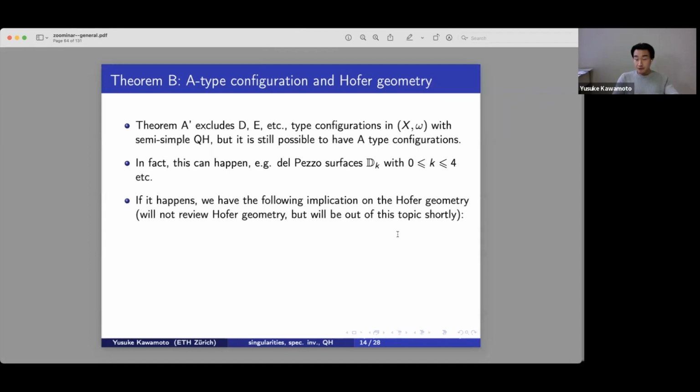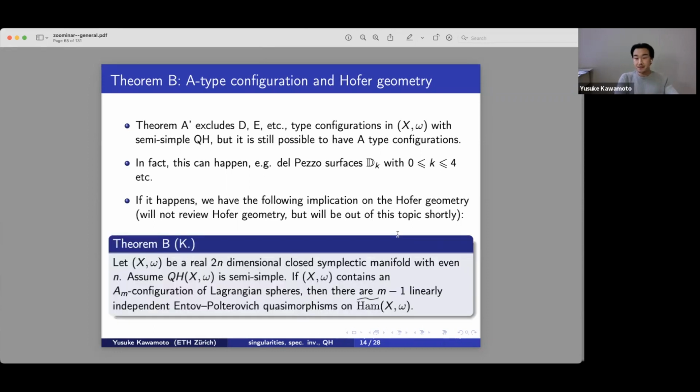And if that happens, you have the following implication for the Hofer geometry, actually. And I'm sorry, but I'm not going to review Hofer geometry. So these next two slides are going to be only for the experts, but I'm going to be out of this topic shortly. So please bear with it.